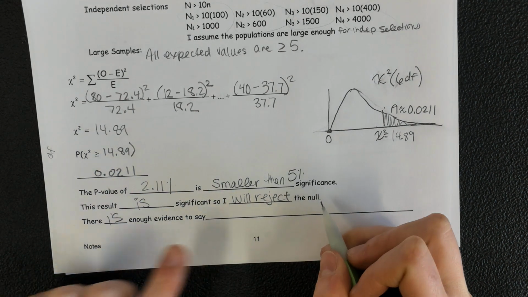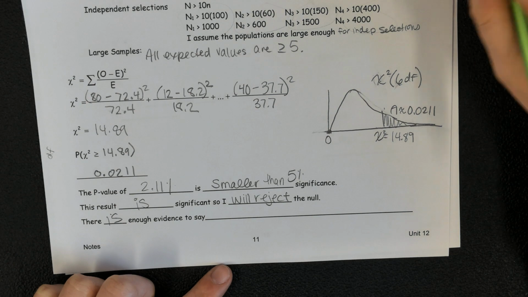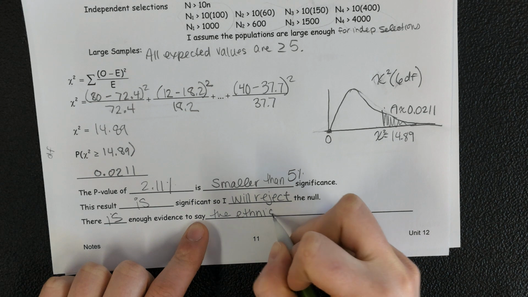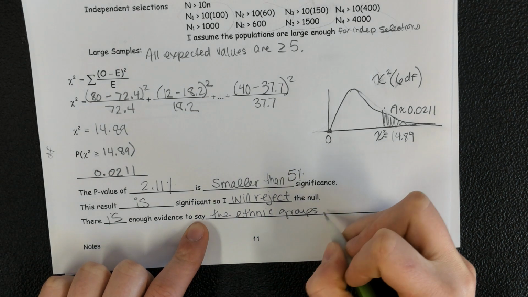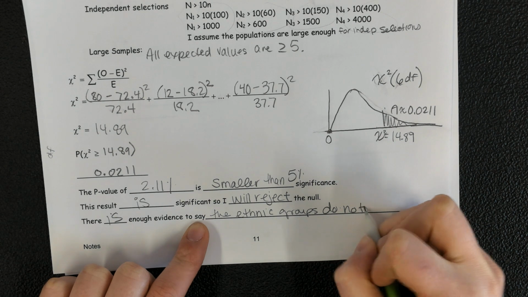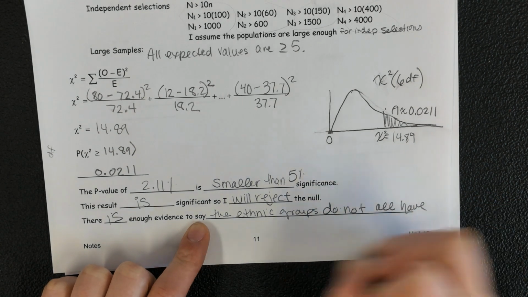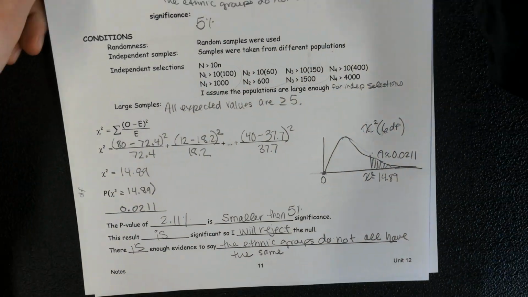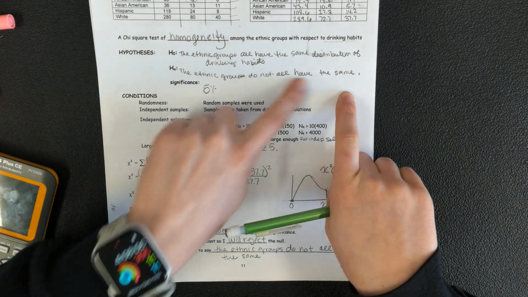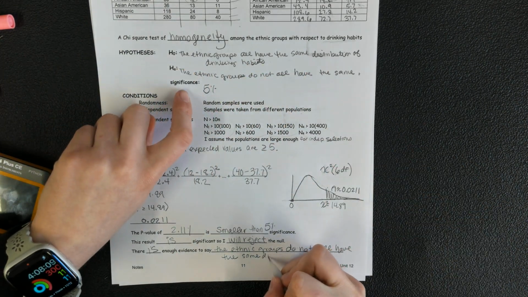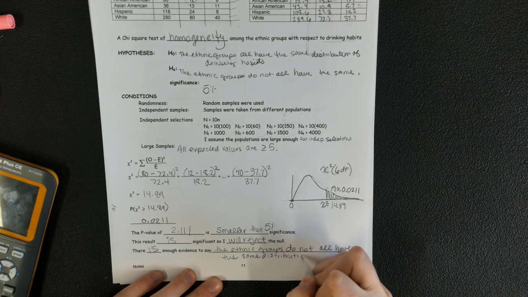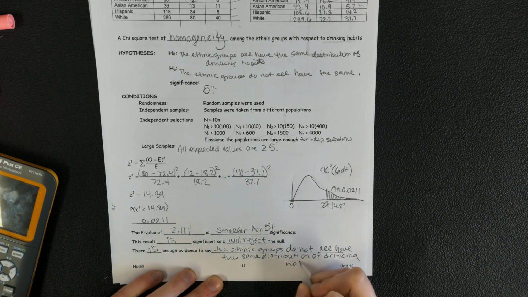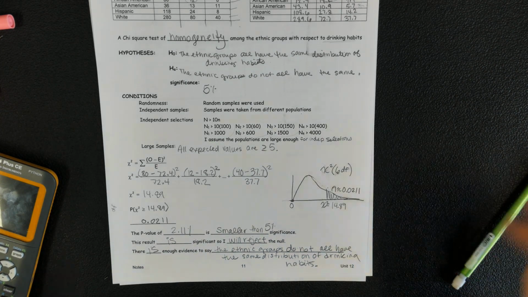There is enough evidence to say, and then we have to look back up at the alternative. The alternative was that the ethnic groups do not all have the same distribution of drinking habits. Yay! Okay, you finished an example.